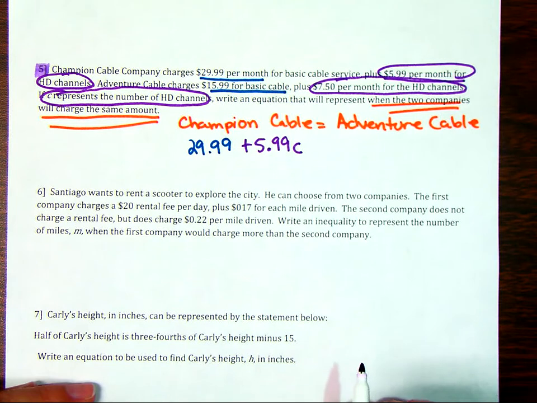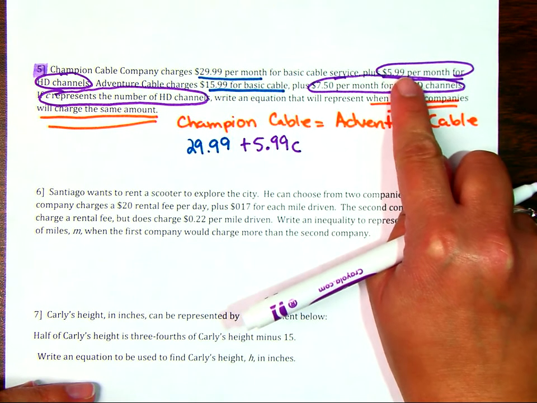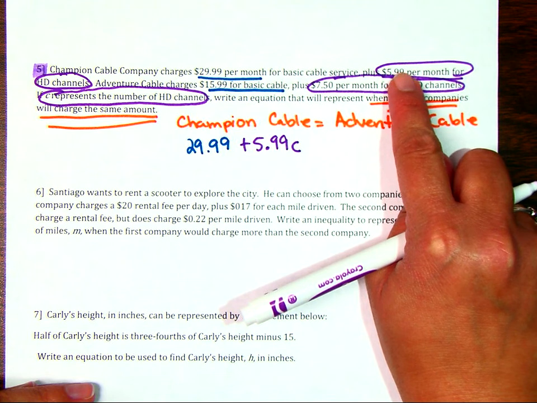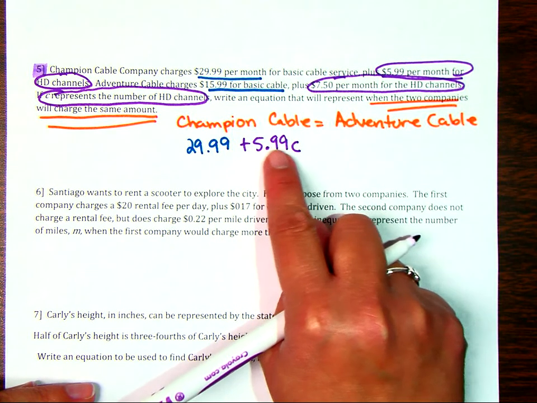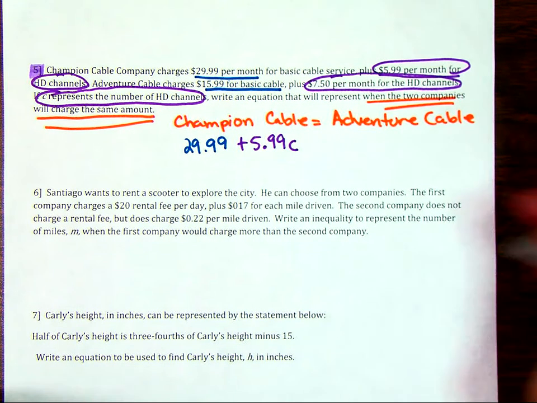So I know that that's going to go in front of my variable, because think about it. If it's about $6 for every channel and you buy 3 channels, well, 6 times 3 is 18. So if that helps you out with place numbers that you know how to do, so you know where that variable goes.